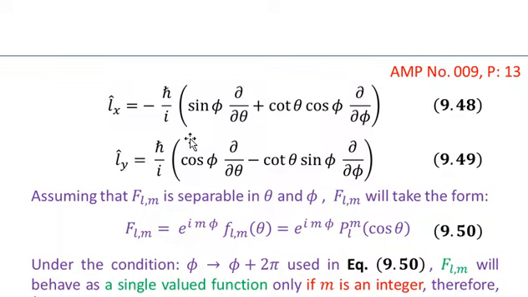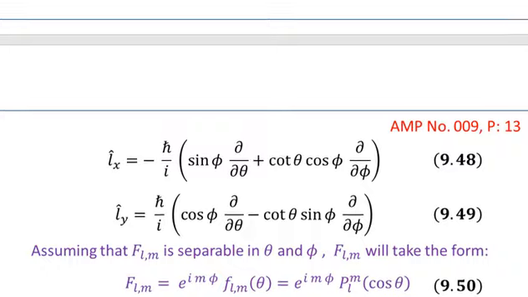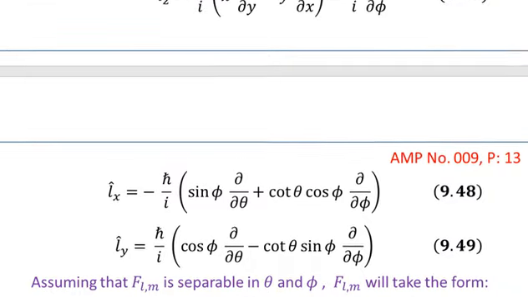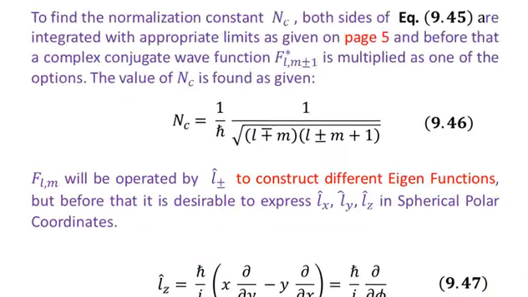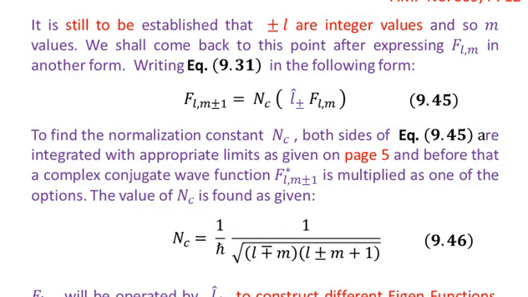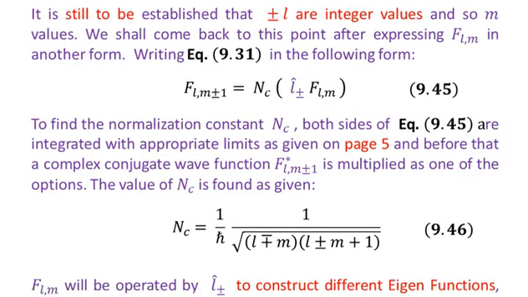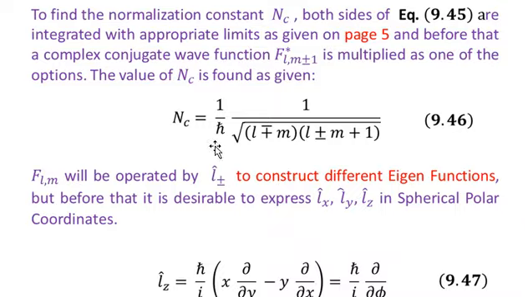So you have Lx, Ly, and Lz in the spherical polar coordinates, and you can use them in order to express the raising and lowering operators, that is the L plus operator and the L minus operator, in spherical polar coordinates.